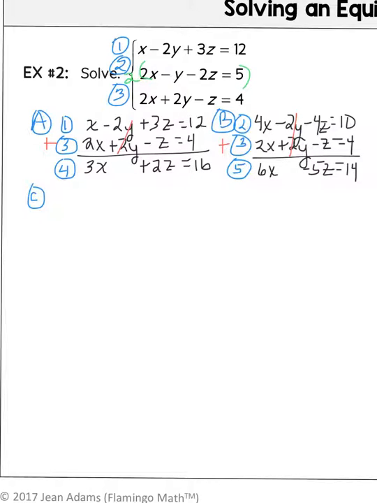So let's multiply this equation here by 2 in order to get what we need. So I'm going to use equation 4 and equation 5, but I'm multiplying the 2 to equation 4. So 2 times 3x is 6x. 2 times 2z is positive 4z equals 2 times 16 is 32.